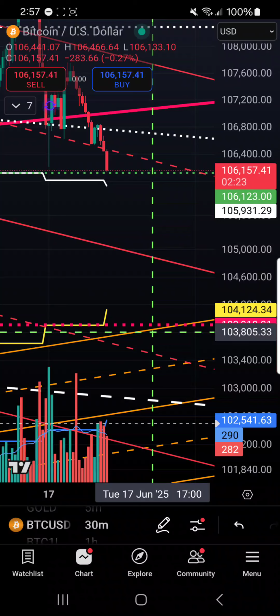But if we close a daily candle inside there, we're probably going down further and longer than everyone thinks right now. I think everybody's ready for a rally right now, or expecting a rally, and that kind of scares me. I don't like that.